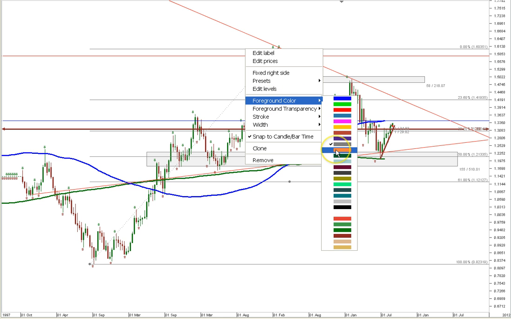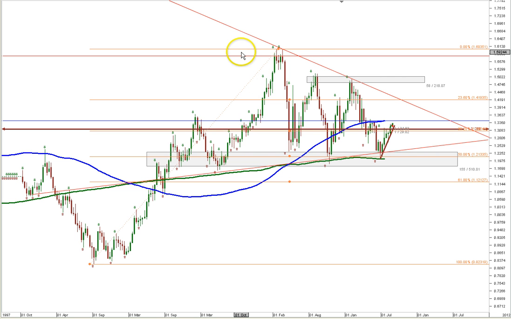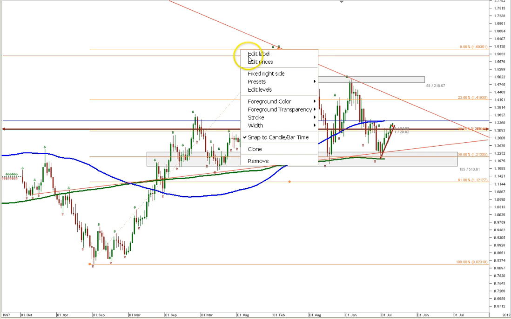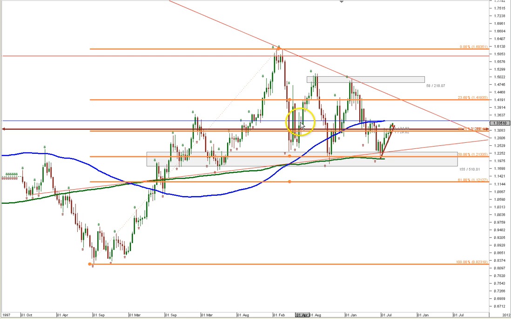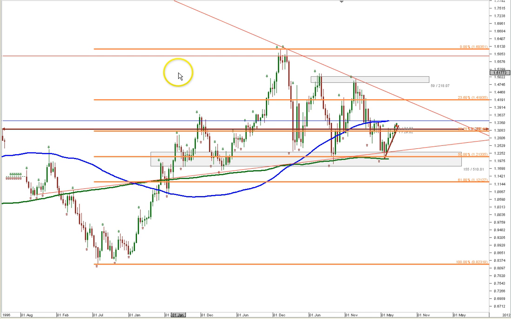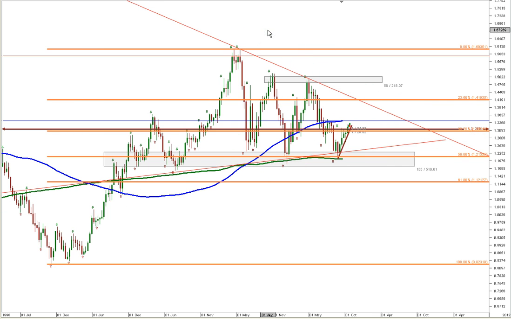Make it this color, and we'll make it a little wider. Now the chart looks really clogged up, but we'll take those off in a little bit. I just want to show you a few things.